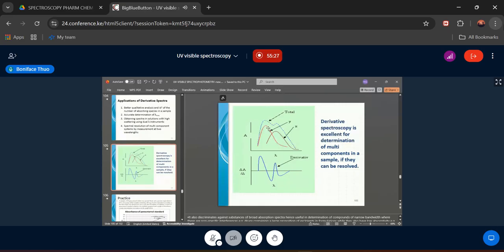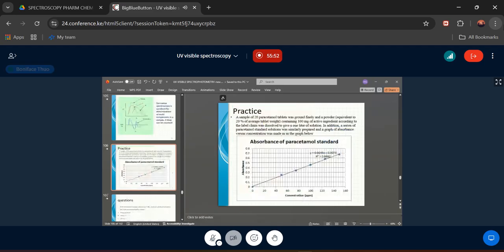If you were to plot the first derivative, then you are able to see that it's actually a mixture of two components, and the various lambda max are visible from that. So you very easily see that this gives you the lambda max of the first compound, and this is the lambda max of the second compound.